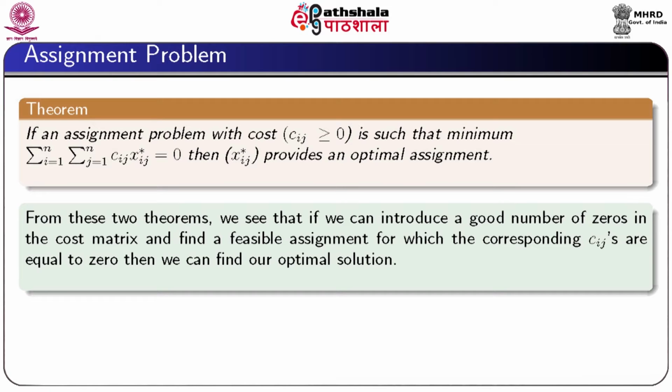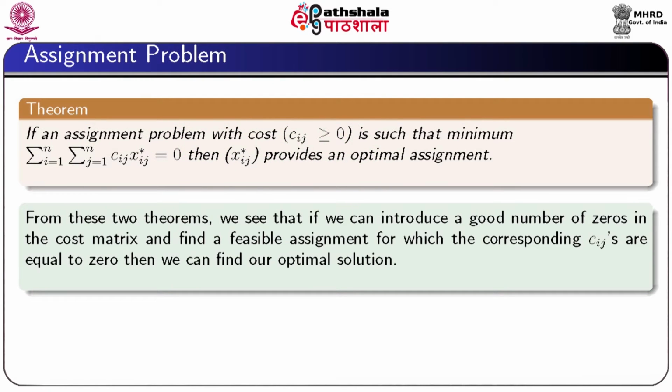This result can be proved easily, since Xij takes the value 0 or 1 and Cij are all greater than or equal to 0.